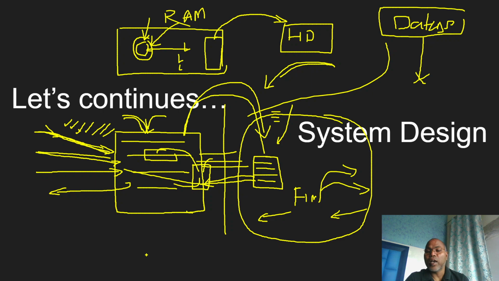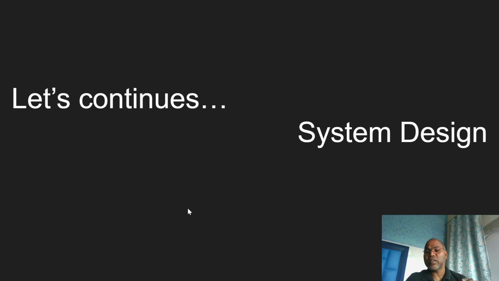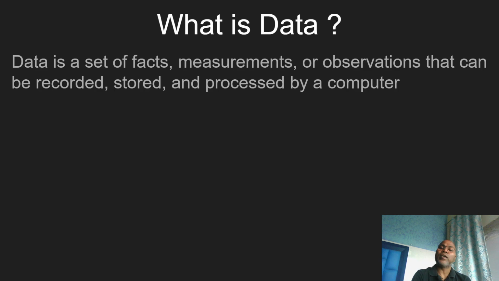We are going to talk about and discuss lots of features of database management systems. Please be clear: whenever you are designing any system, your storage of information is very important. So let's think about how we can go in this direction.